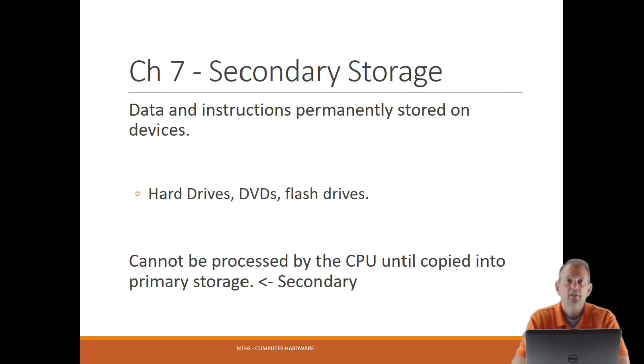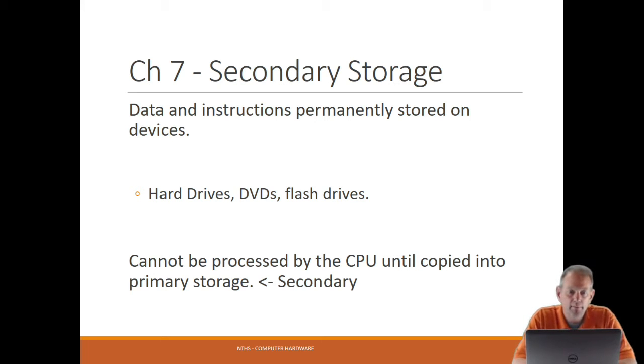Secondary storage is where things are permanently stored. CPU doesn't talk to it. It's secondary to the CPU. It's where we store things, where we save things, where we ask the CPU to save things. It's permanent. It's like hard drives and DVDs and flash drives and CD-ROMs. And in days of lore, floppy drives.